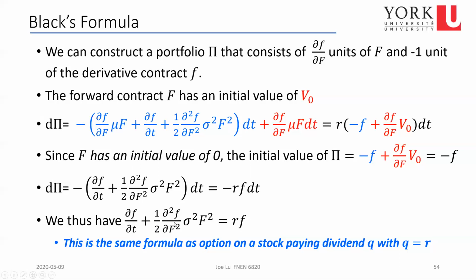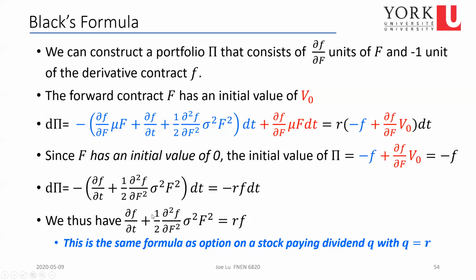If we look at this, it has a very similar form to the one we have seen earlier, the partial differential equation for options on stocks, provided the stock is paying a continuous dividend yield equal to r.